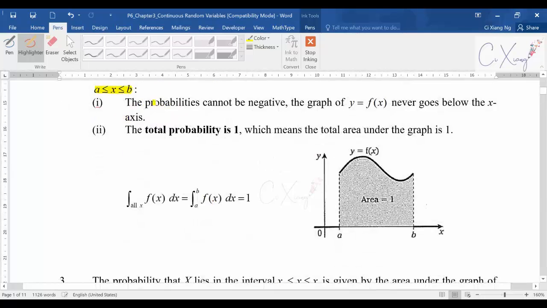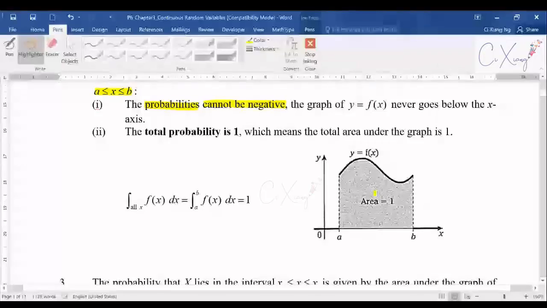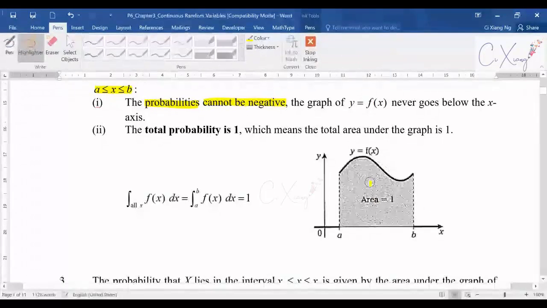The first one is the probability cannot be negative. That means the graph must always be above the x-axis. It cannot be below the x-axis, because probability should be positive, cannot be negative. And the second thing is the total probability should equal 1. That means the total area under the graph equals 1.